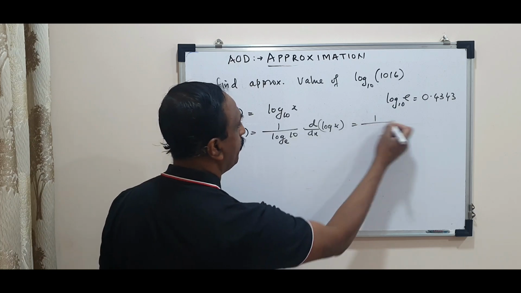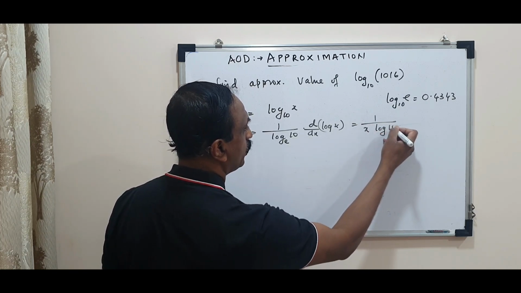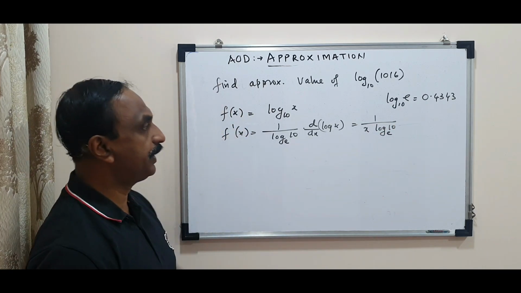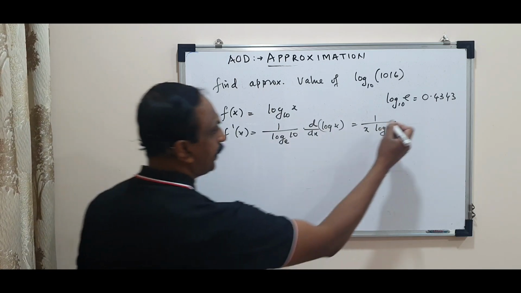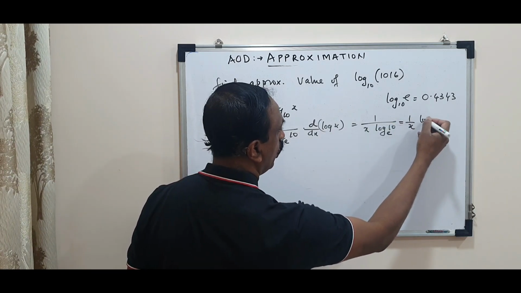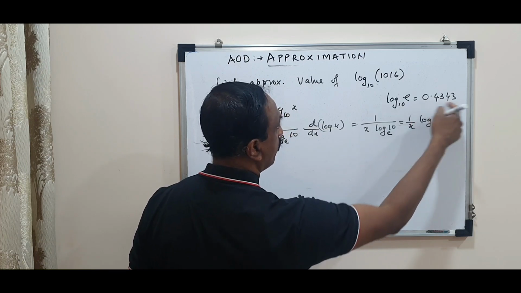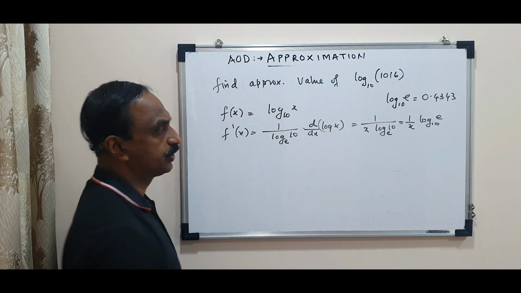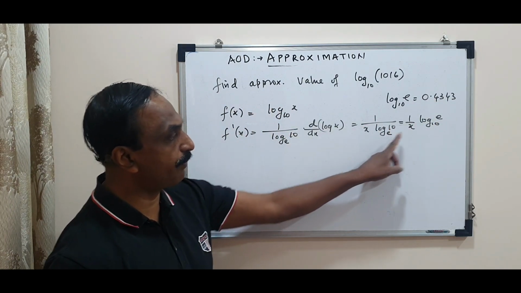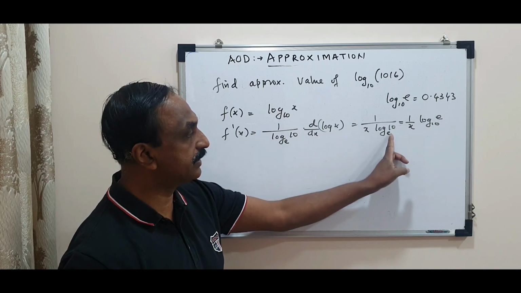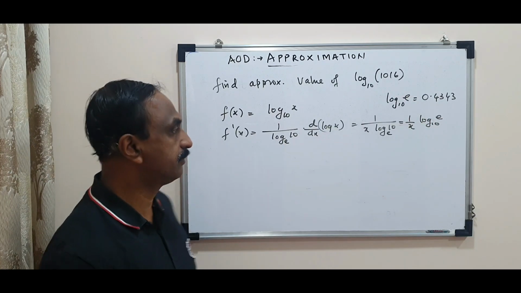So that became 1 by x log 10 to the base e. This can be written as 1 by x log e to the base 10, because I have applied the base change rule: 1 by log 10, when you interchange the base and the number, it will go to the numerator.